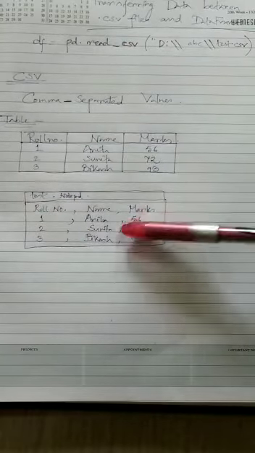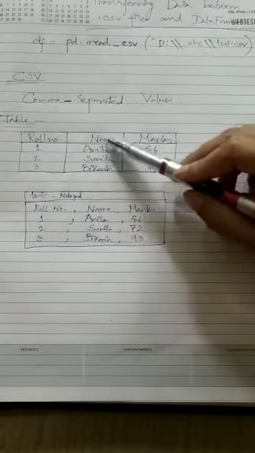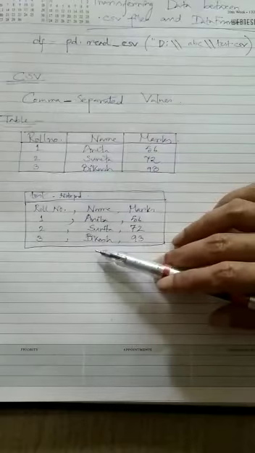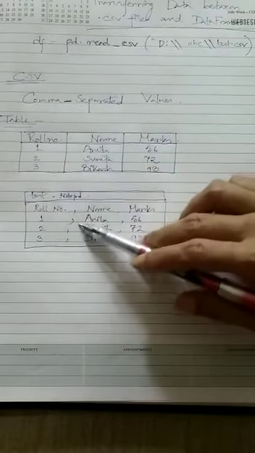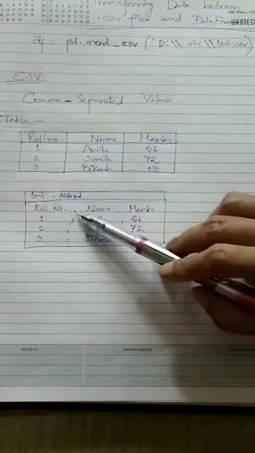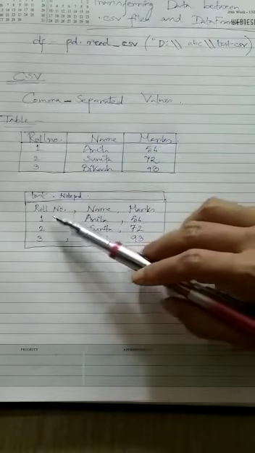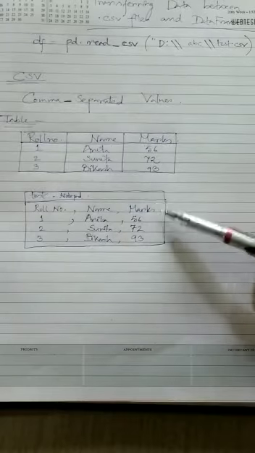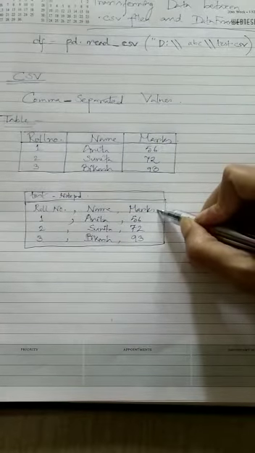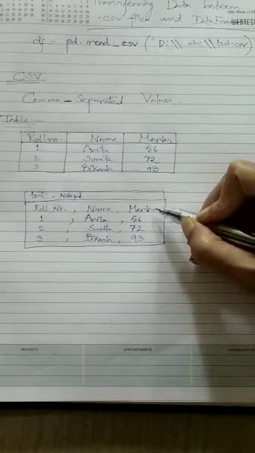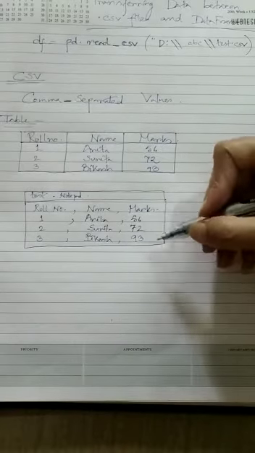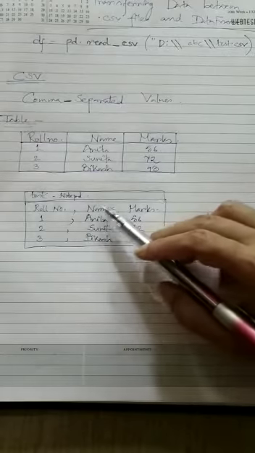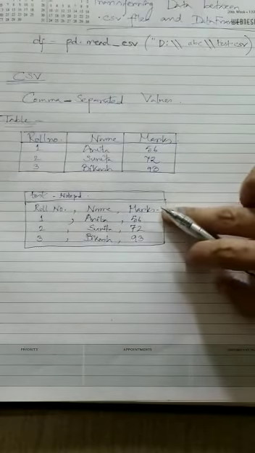Check what is the difference. Here the data is not shown in tabular form. How is the data showing? Comma separated. Roll number, comma, name, comma, marks. After marks there is no comma, and there is no dot also.